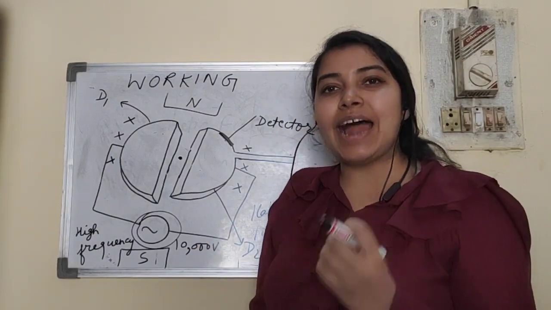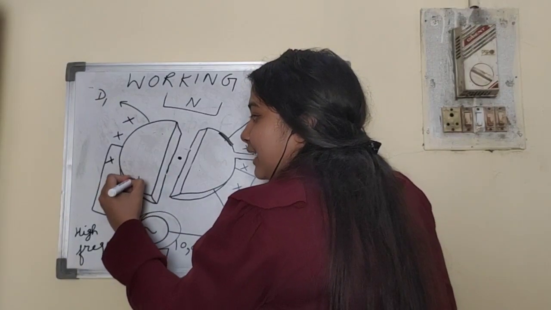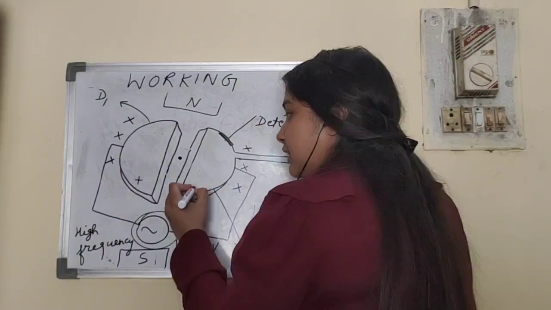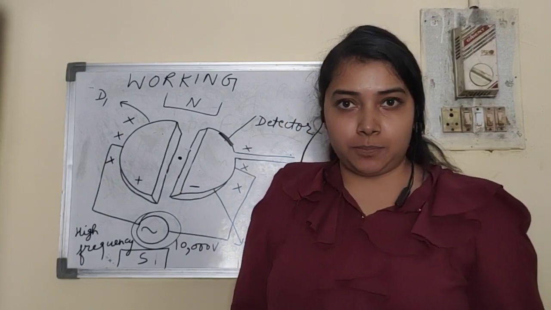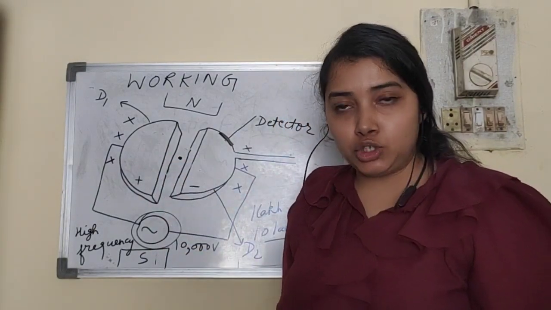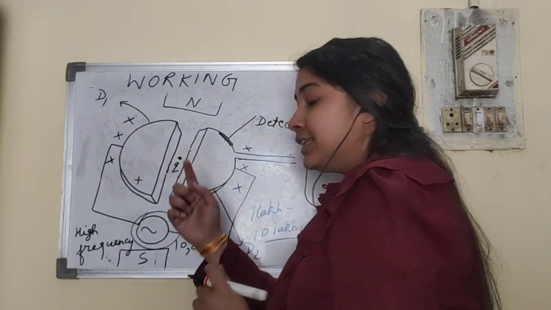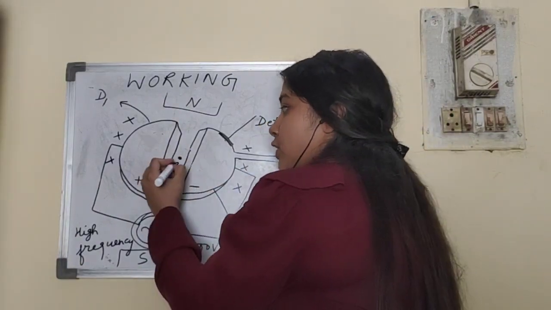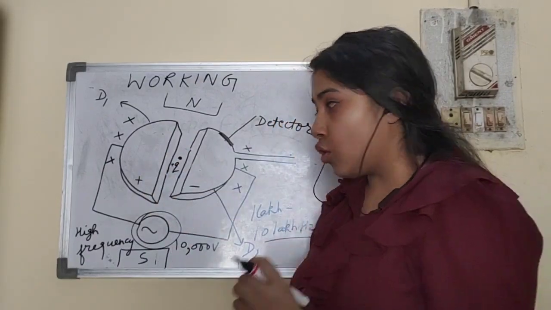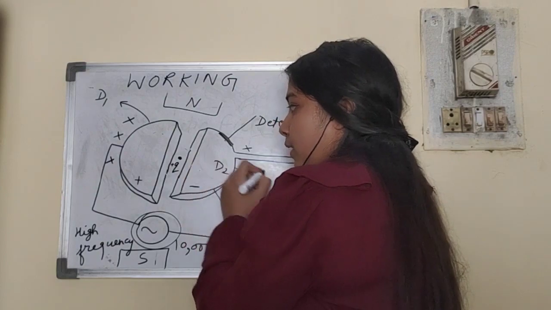Let us suppose at a particular time t, D1 is positively charged and D2 is negatively charged. Now, when the charged particle which we need to accelerate to a very high speed is present in the gap, suppose this charged particle is positively charged, so it will be attracted towards D2.